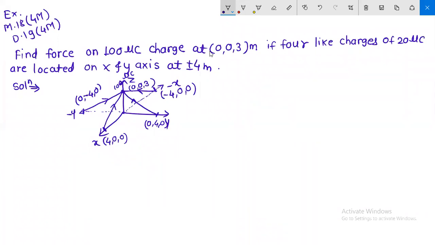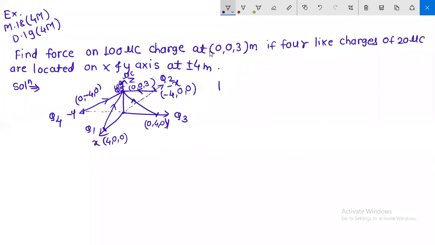Okay, so I consider for plus x, this is charge q1, for minus x, charge q2, for plus y, charge q3, and for minus y, charge q4, and the last charge of 100 microcoulomb, I consider that charge as q5. Then we have to find the total force acting on charge Q5 due to charges Q1, Q2, Q3 and Q4, right?